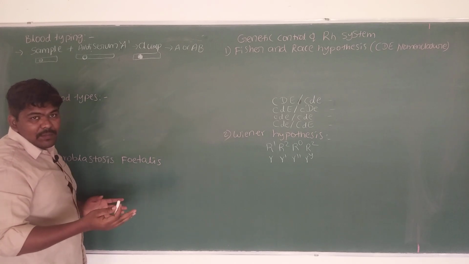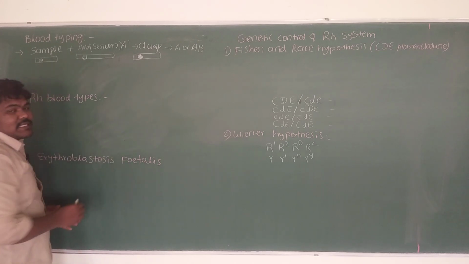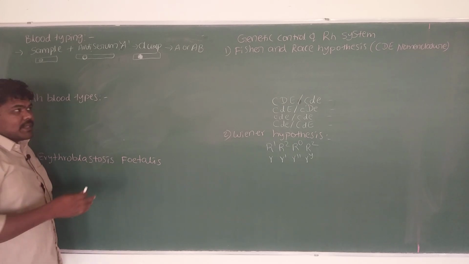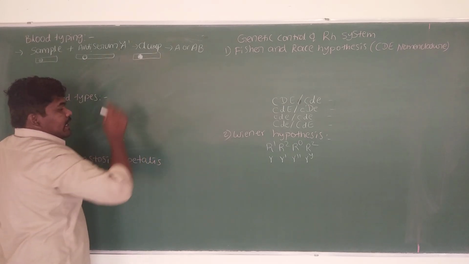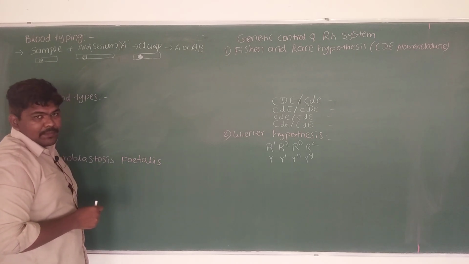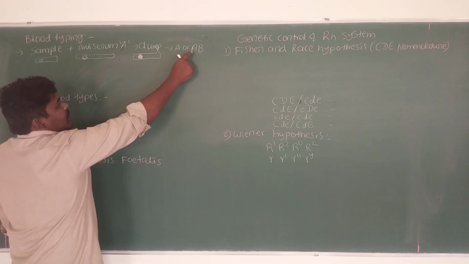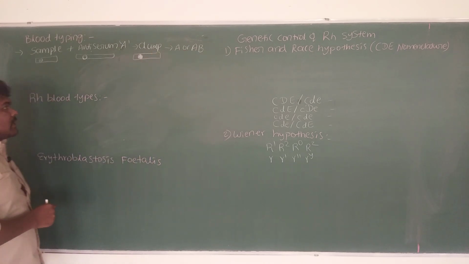If a clump is formed, that indicates the presence of antigen A. Normally antigen A is present in blood group A or AB blood. Hence we can identify that the blood group is A or AB.